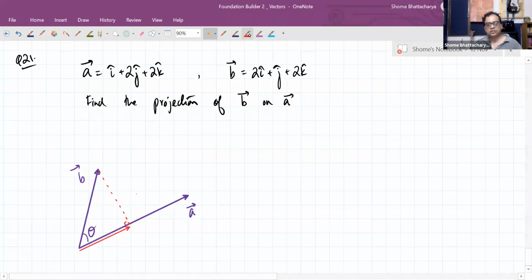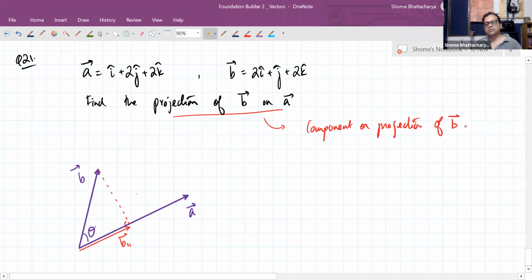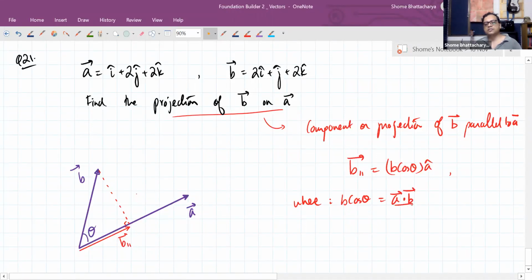This one. Okay. So the component or projection of B parallel to A. That is this. Okay. So that, as you can see, is B cos theta A cap, where we use the definition that B cos theta is A dot B divided by magnitude of A, and A cap is vector A divided by its own magnitude.